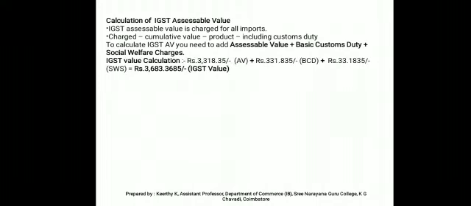To calculate it, first add the assessable value plus basic customs duty plus social welfare charges. The assessable value is 3318.35, the basic customs duty is 331.835, plus the social welfare charges is 33.1835. Adding these three, we get 3683.3685 as integrated goods and service tax value.